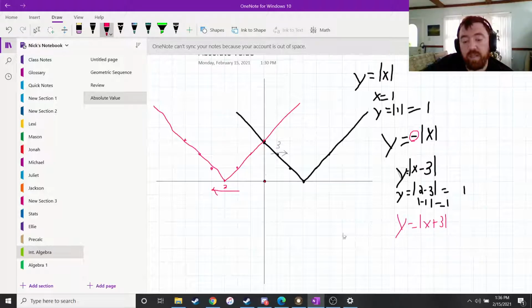So what if I wanted to move it up or down? Let's say I wanted to move it up 3. I'm going to want the point to start here. Now I still want it to have a normal slope, like other absolute values.